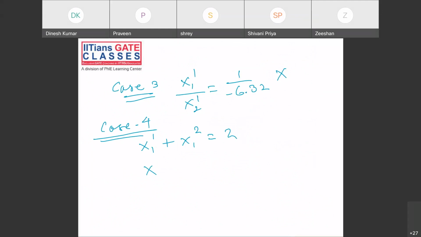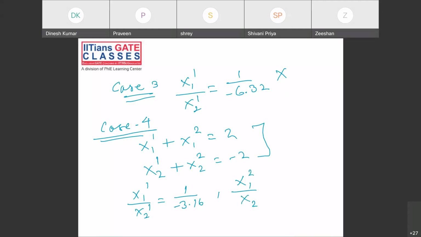So you can write x2 1 plus x2 2 is minus 2. So I have these two equations. Another two equations are what? I already know x1 1 upon x2 1 is how much? 1 upon minus 3.16, and I also know x1 2 upon x2 2, it is 3.16. Now guys, I have 4 unknowns, 4 equations.